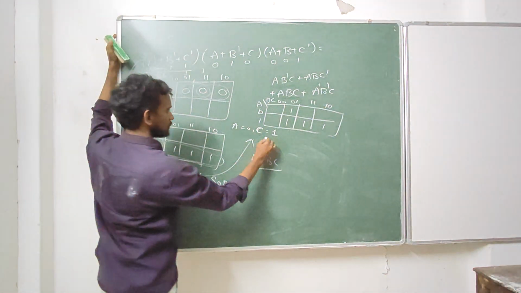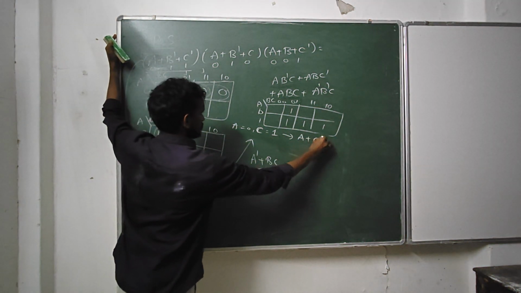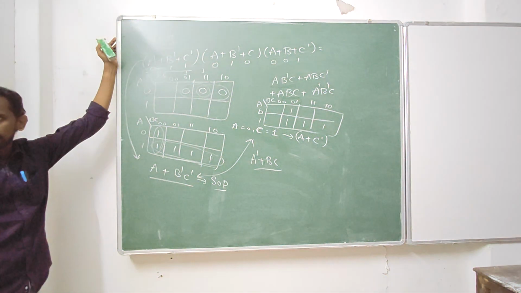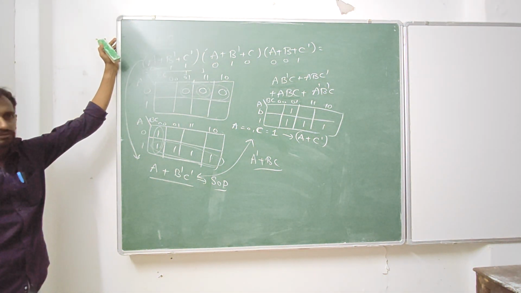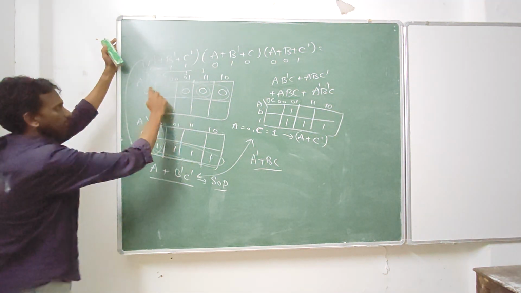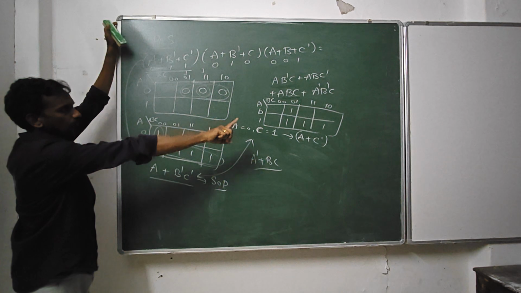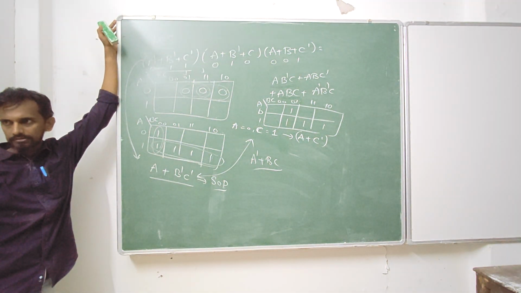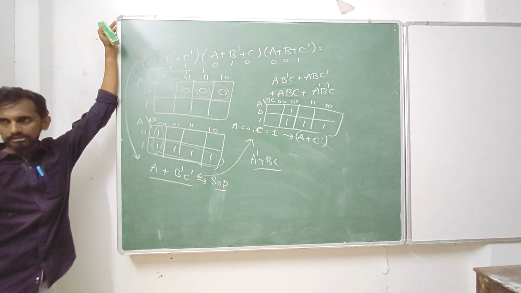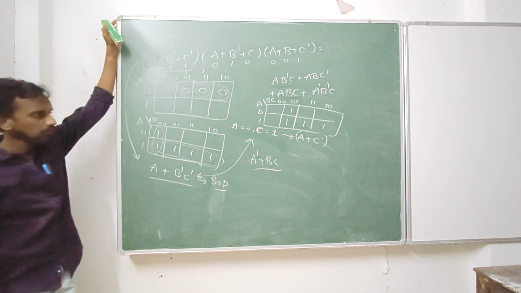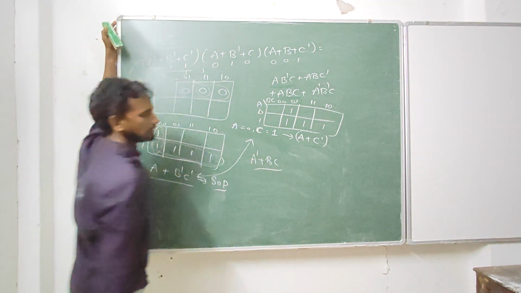It is A plus C bar. A plus C bar will give you 0. A is 0 and C is 1, and we have to get 0 as a result. So the term is A plus C bar.